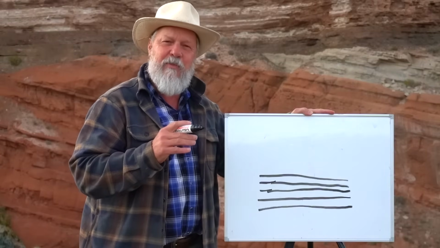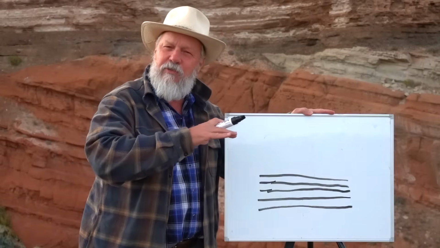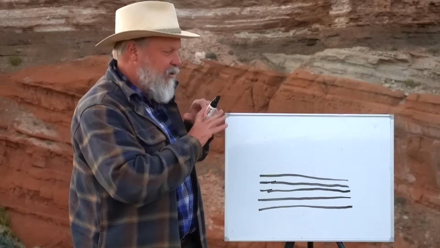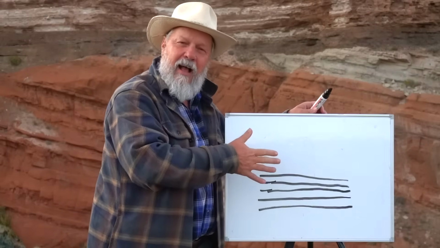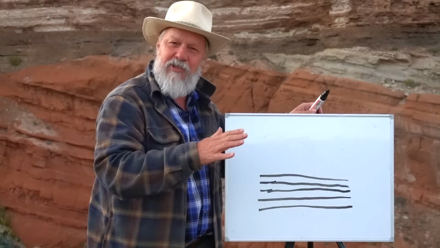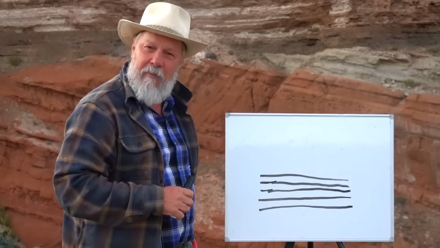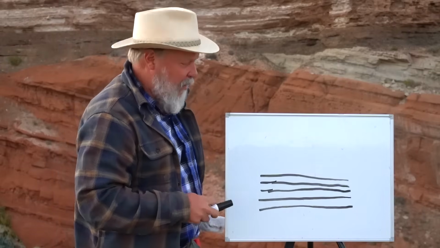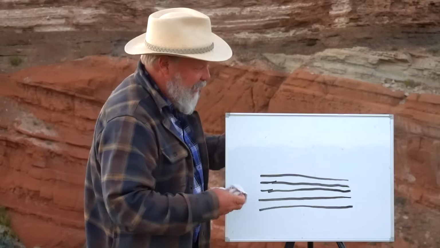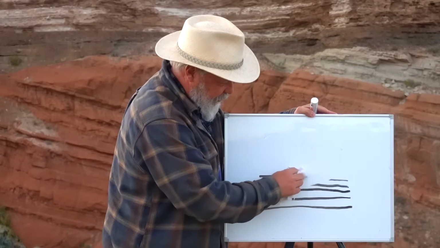Now at times, because of the mountain uplifting or the seas receding, these layers of rock are no longer being deposited on top of each other, but erosion comes in and erodes out some of the record. So I'm going to take a little rag here, and here we go. I'll just maybe erode it out like this.